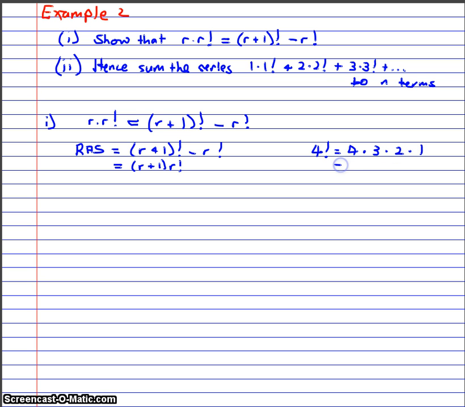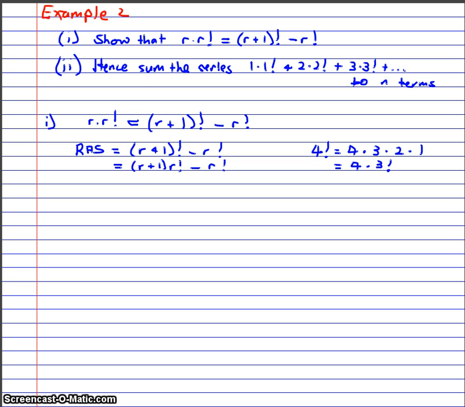So we could also write that as 4 times 3 factorial. And so that's all we've got here. (r plus 1) factorial is r plus 1 times 1 less than that, which is r factorial. And so continuing on there, minus r factorial.